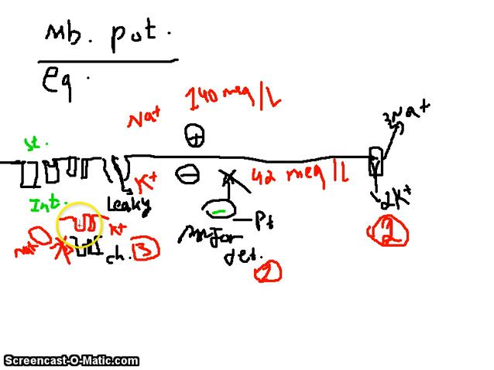Now, to go back to describe the other kinds of channels that are involved in the whole electrical activity, we've got voltage gated channels. They are called voltage gated because they are opened only at certain instances, that is when there is an electrical activity.